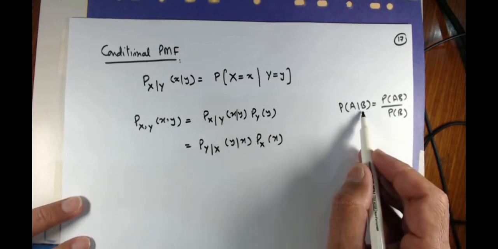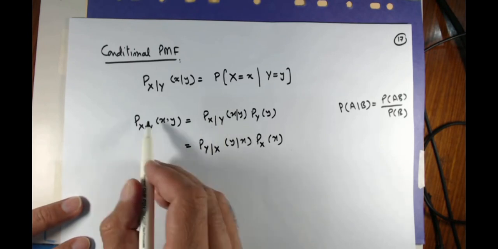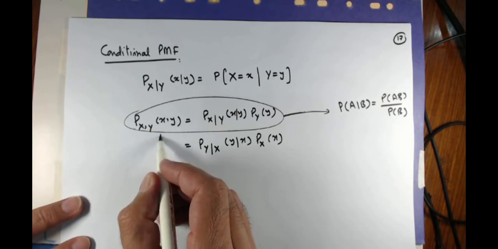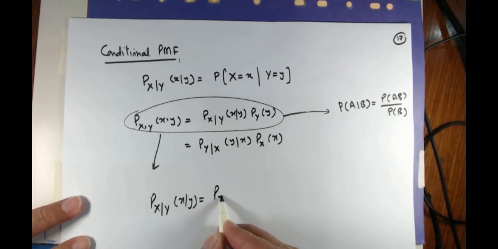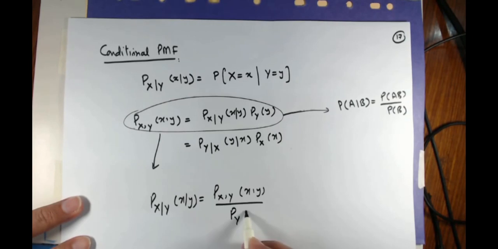Here it was B which was conditioning, here it is the random variable Y. So this can be written in this form: P sub X given Y of X given Y is nothing but P sub X comma Y of X comma Y divided by P sub Y of Y.